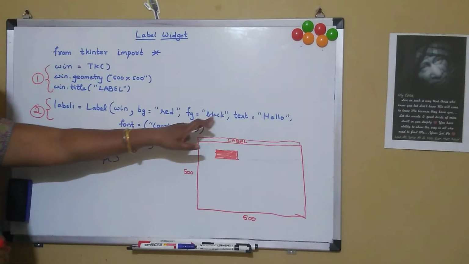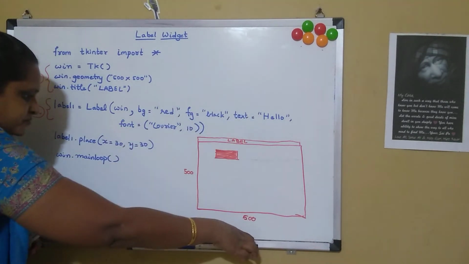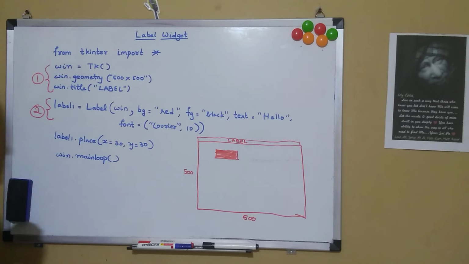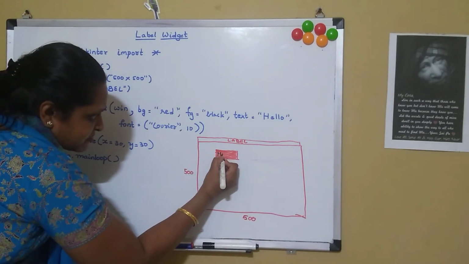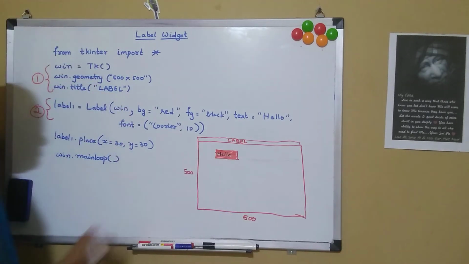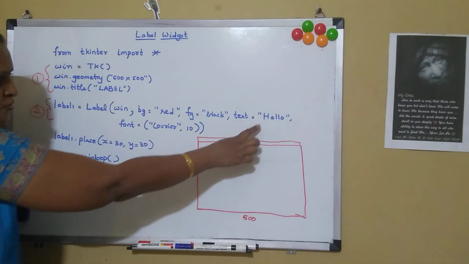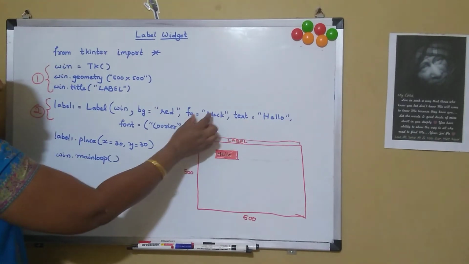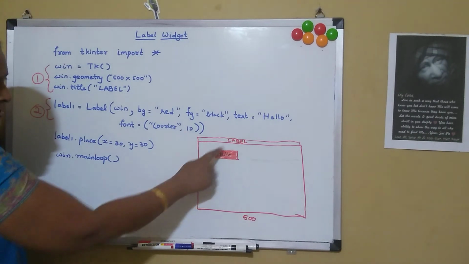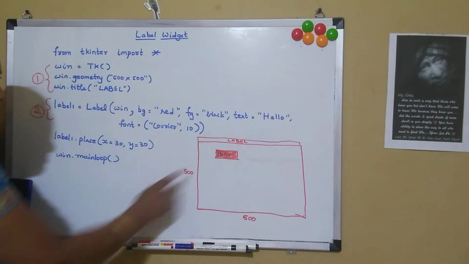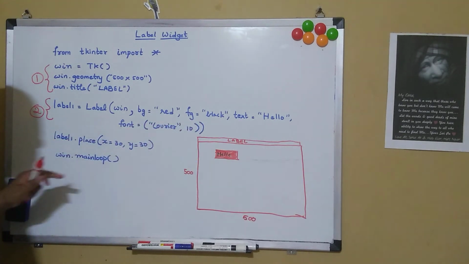And my foreground color is black and the text is hello. So within the background color red, I am having a foreground color which is equal to black, and the text is nothing but hello. The background will be red. Foreground is the text color. So the text hello will appear in black color, the foreground color.